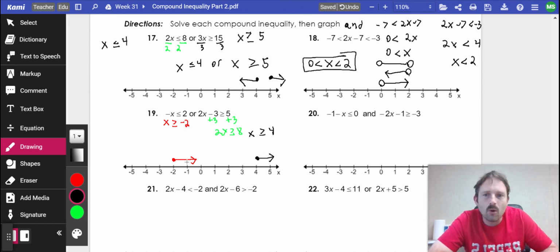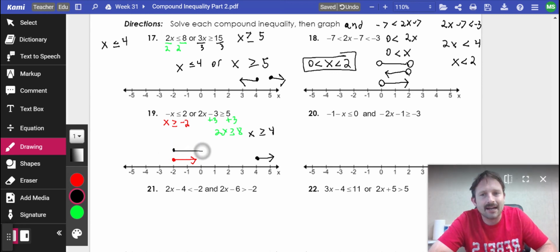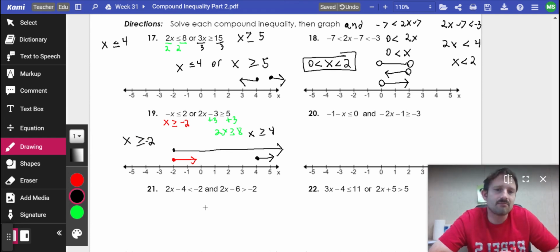Well, if this is the or, I know that this is going to go forever, and it's going to overtake this, and I don't need to have the black. I know it should just go this way. And so my solution set will be x is greater than or equal to -2. Done.